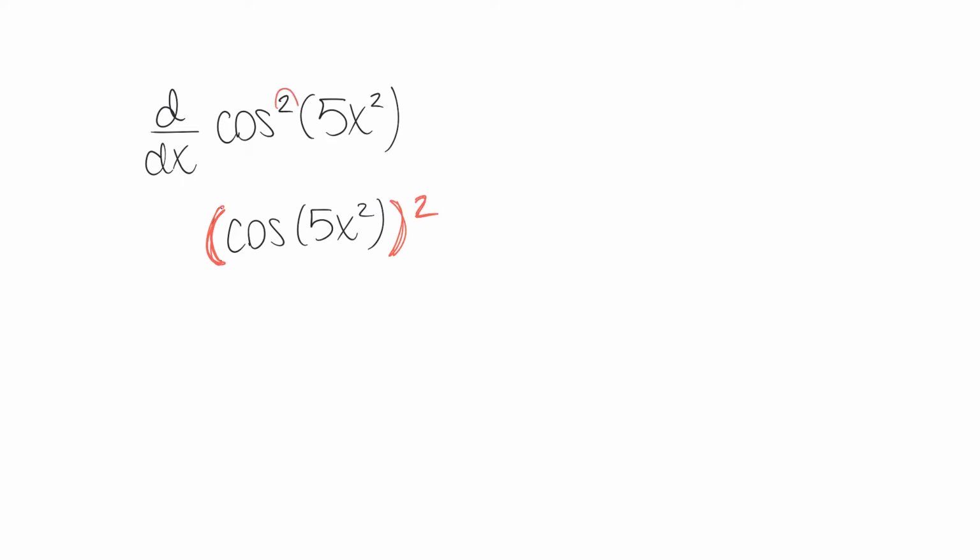That red is from that squared. So here we are. We're going to take the derivative of this. The first thing we're going to do is take the derivative of this red piece, which is 2 times something, and that something is cosine 5x squared.